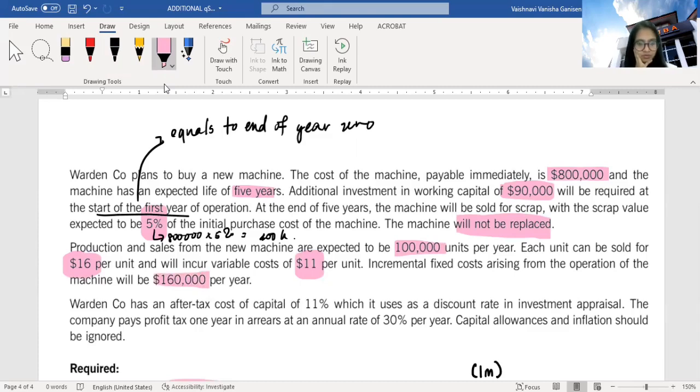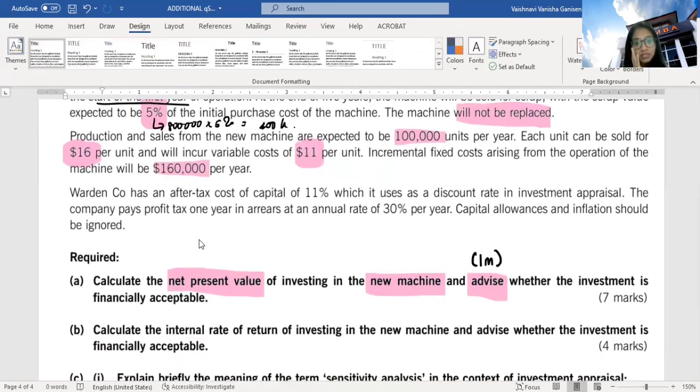Now, Warden Co. has an after-tax cost of capital of 11%, which it uses as a discount rate in investment appraisal. The company pays profit tax 1 year in arrears at 30% of the annual tax rate. Capital allowance and inflation should be ignored.